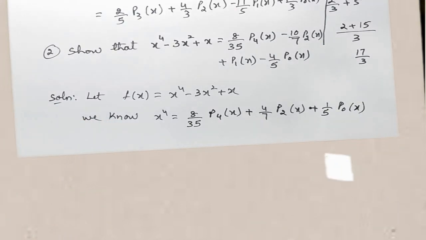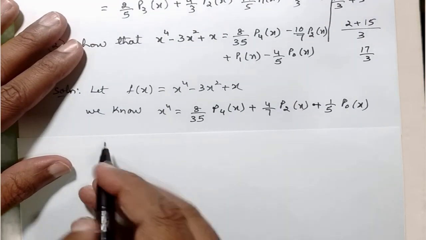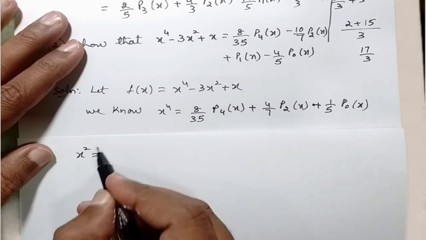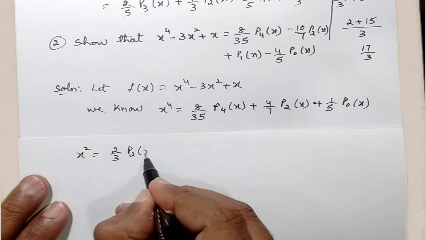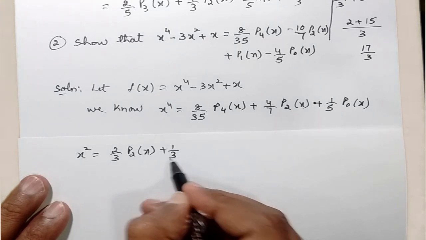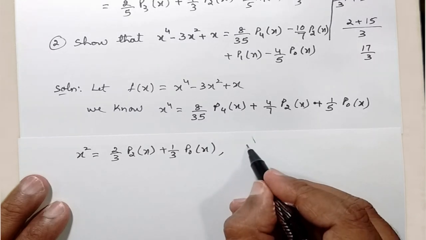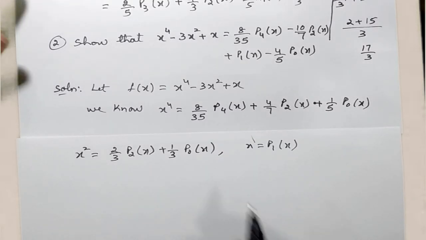This is the value of x power of 4. Then you have x square, which you can write as 2 by 3 into P2 of x plus 1 by 3 into P0 of x. And the value of x you already know, it is nothing but P1 of x.